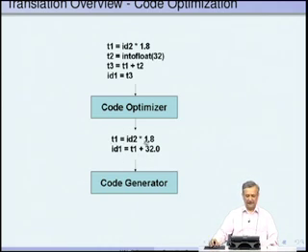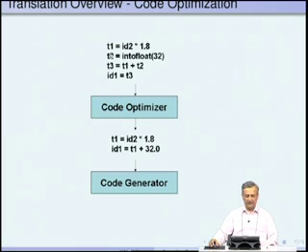It directly says T1 = ID2 * 1.8 instead of accumulating ID2 into 1.8 in T1 and then T2 equal to int to float 32 and then T3 equal to T1 plus T2, and then ID1 equal to T3 is directly translated into ID1 = T1 + 32.0.